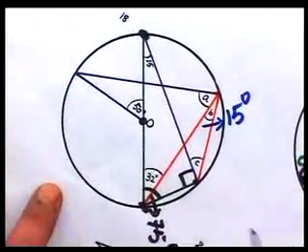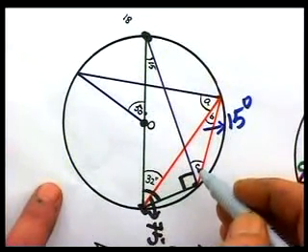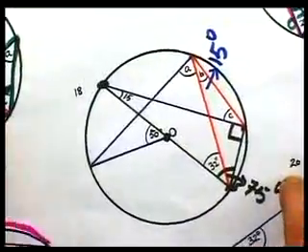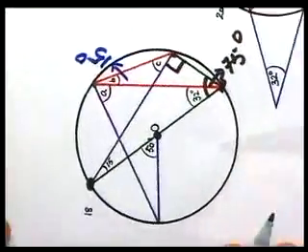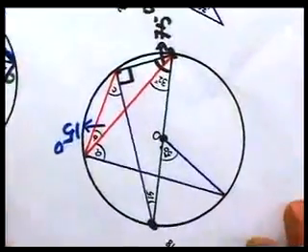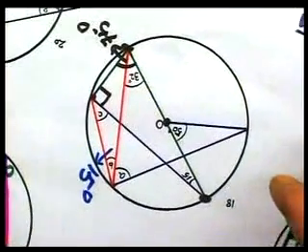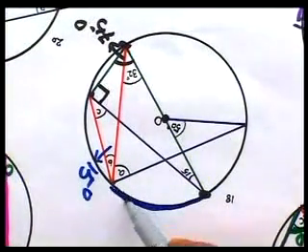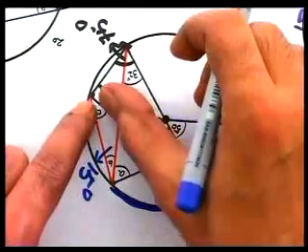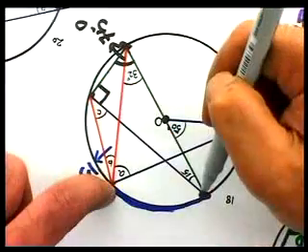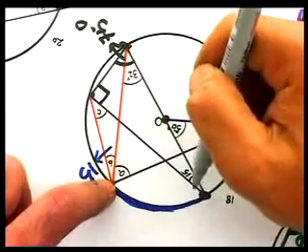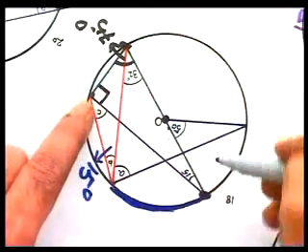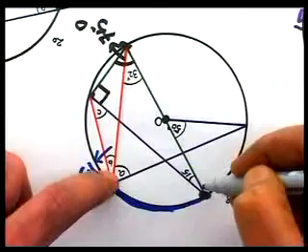Now how do you find C? Go back and check, is there any other arc that is making angle C? Well, that arc is actually responsible for this angle C. The same arc is making an angle there, watch.